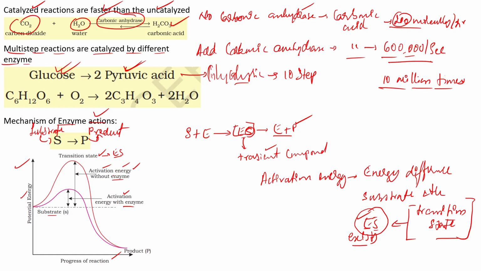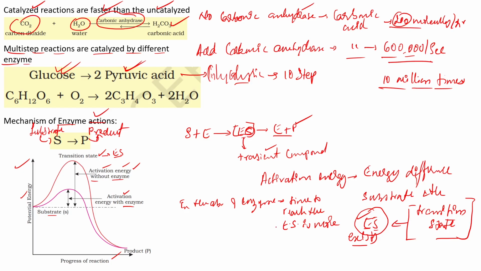Now in the absence of the enzyme, the energy difference is very high. Hence we can say that in the absence of enzyme, the time to reach the transition state is more.